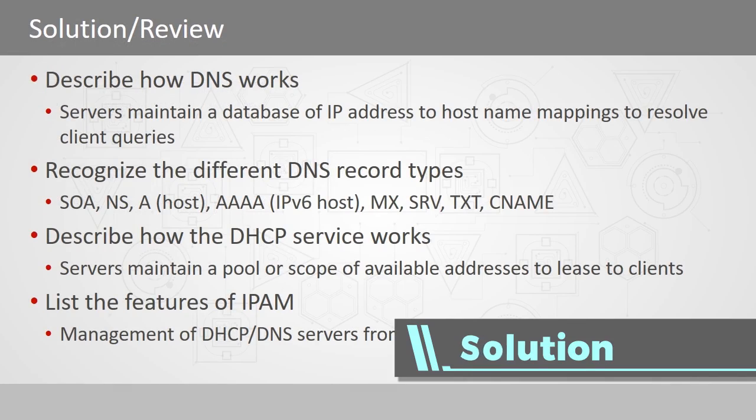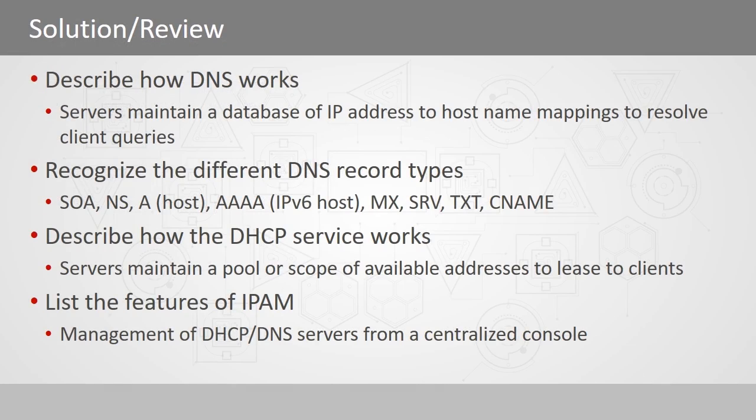All right, our first task was to describe how DNS works, and just at a basic level, the DNS servers maintain a database of IP address to host name mappings to resolve client queries. We, as users, like to refer to systems by using a name, but the TCP/IP protocol requires an IP address. So we query the DNS server and we say, here is the name.